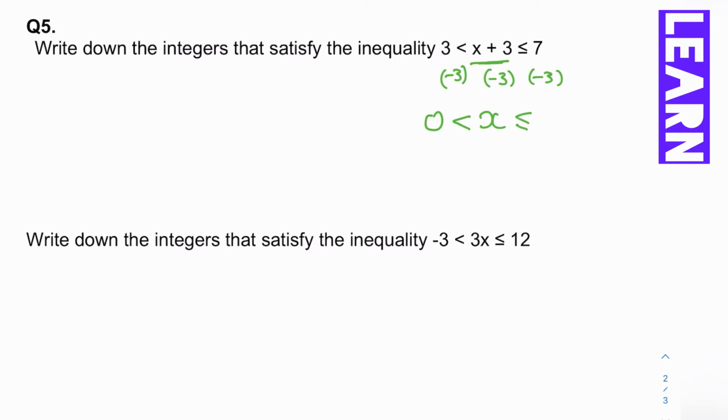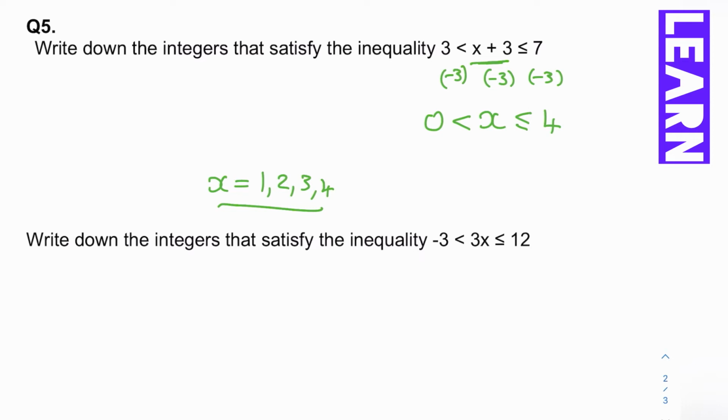And that leaves us with 7 subtract 3, which is 4. It wants us to write down those integers which are satisfied by that. So x has to be greater than 0 and less than or equal to 4. So we get 4 answers there.